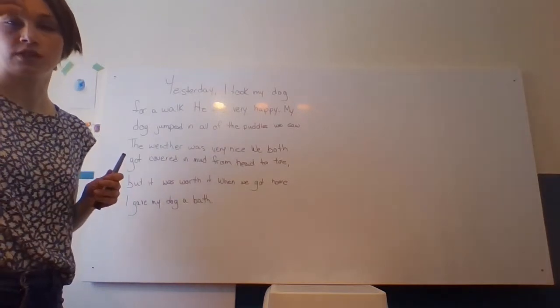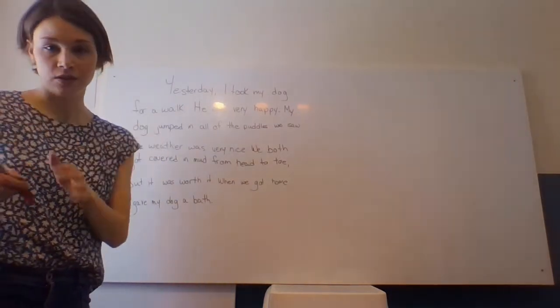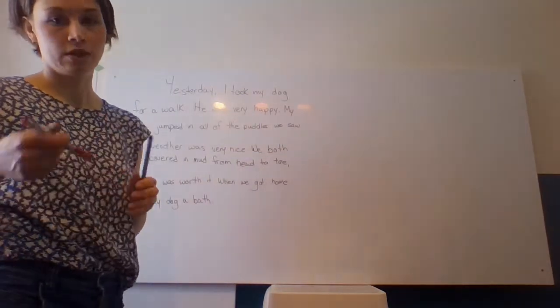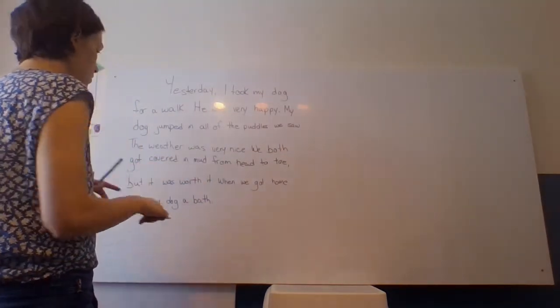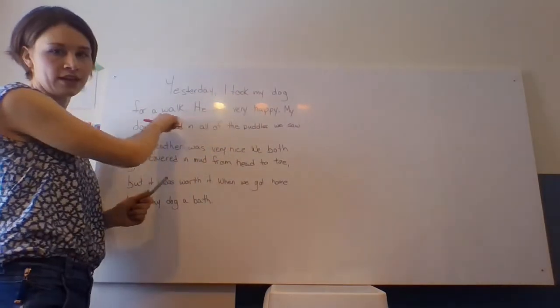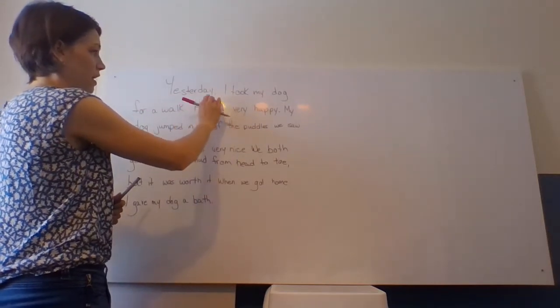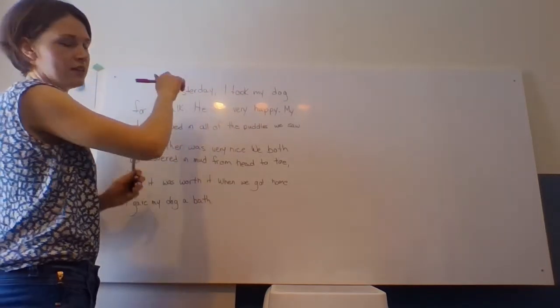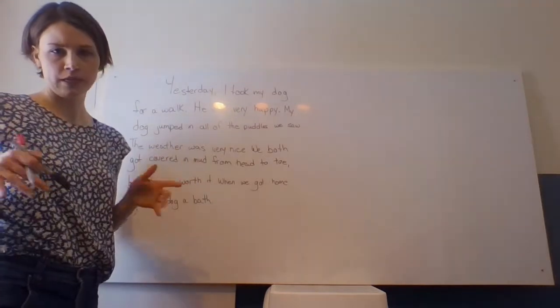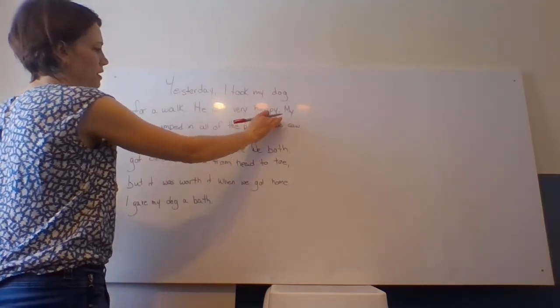Let's go through and choose the sentences that are more simple and that we could use our branching strategy on to make more interesting. Here we have, yesterday, comma, I took my dog for a walk. I've already branched this sentence a little bit. There's still maybe more we could add to it, but this one's pretty good. He was very happy, period.